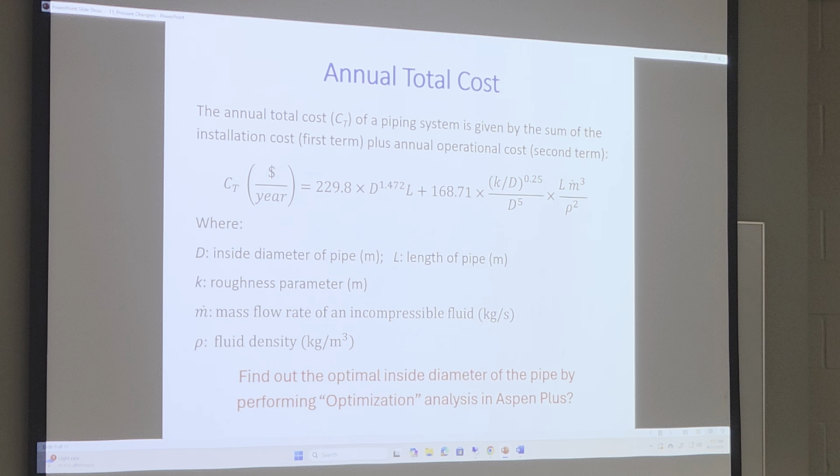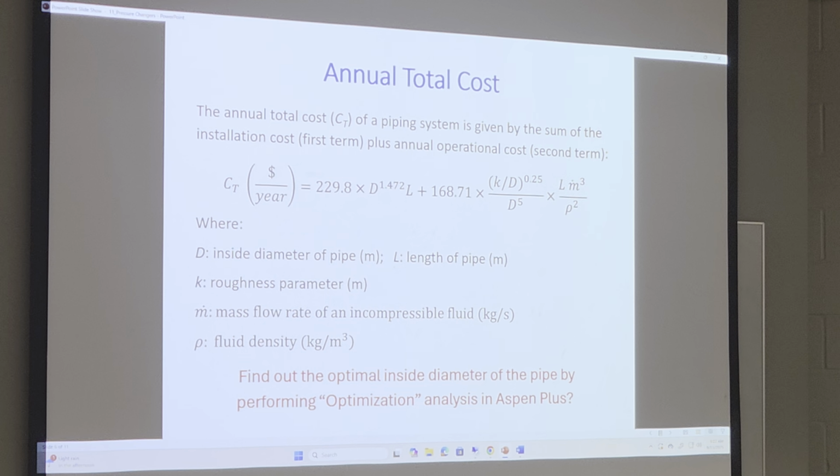At what condition, or at what constraint, can we find the optimal inside diameter of the pipe using the equation? Chase? The lowest annual total cost. Lowest annual total cost. Smart.